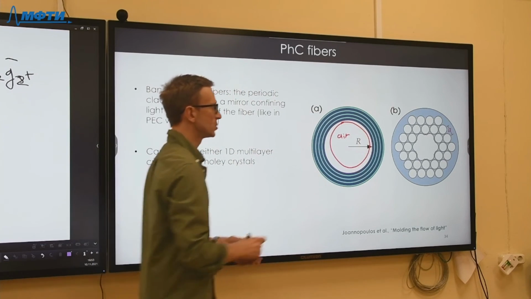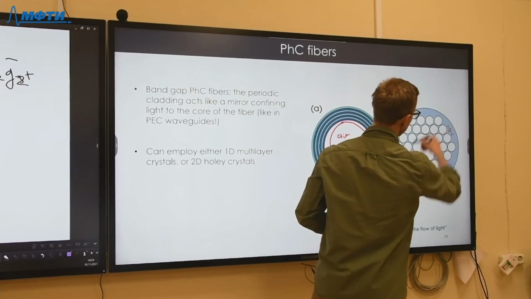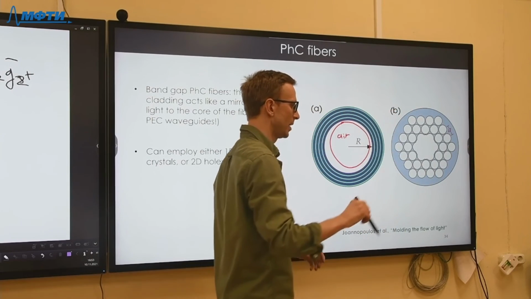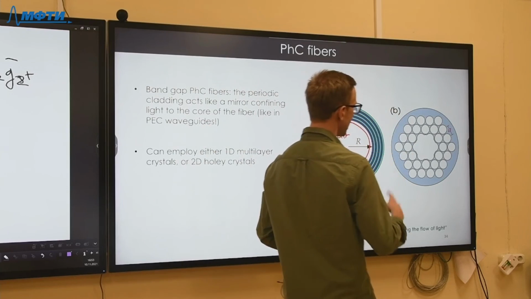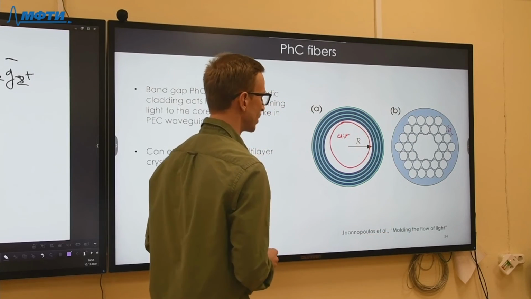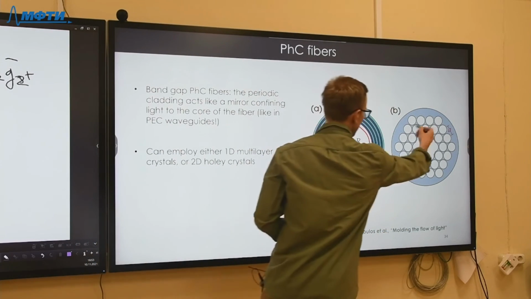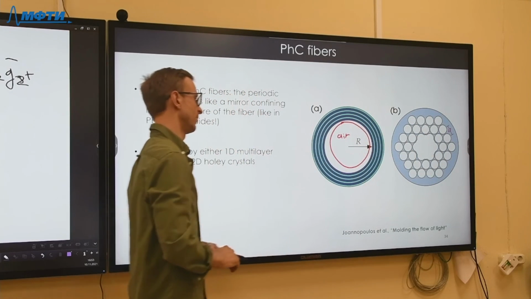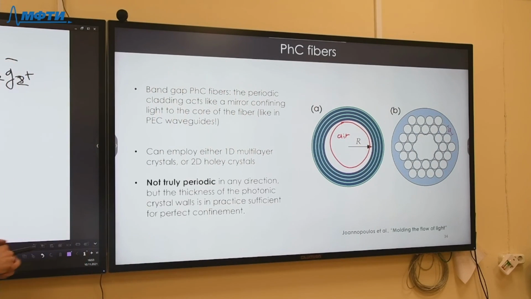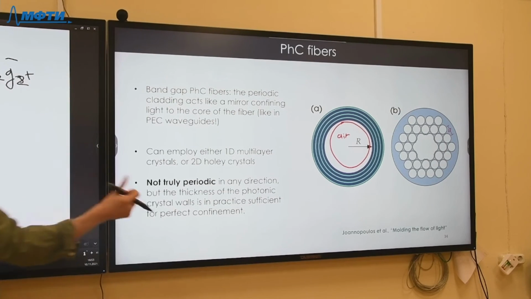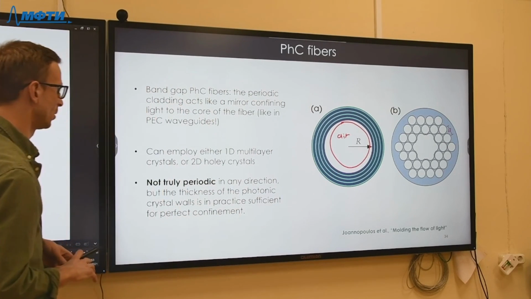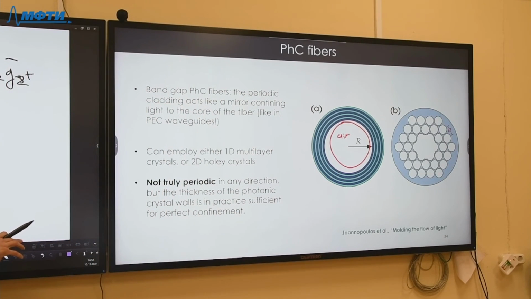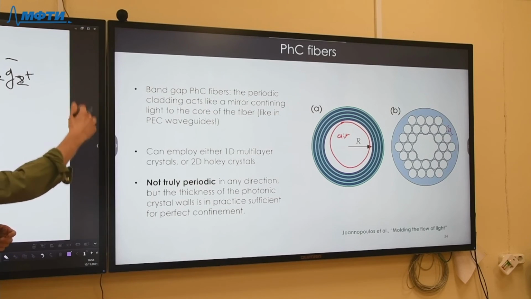Or you can take a 2D crystal formed by a hexagonal array of air holes inside the dielectric matrix, and at some frequencies it will also create a band gap, and this structure will work as a nearly perfect mirror. So these things are not truly periodic. However, in practice, the thickness of this mirror is sufficient for near perfect confinement of the electromagnetic field inside.